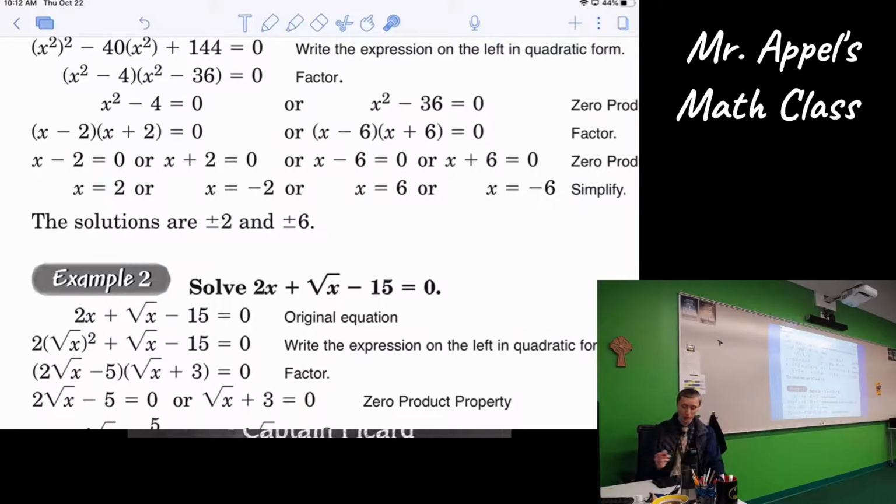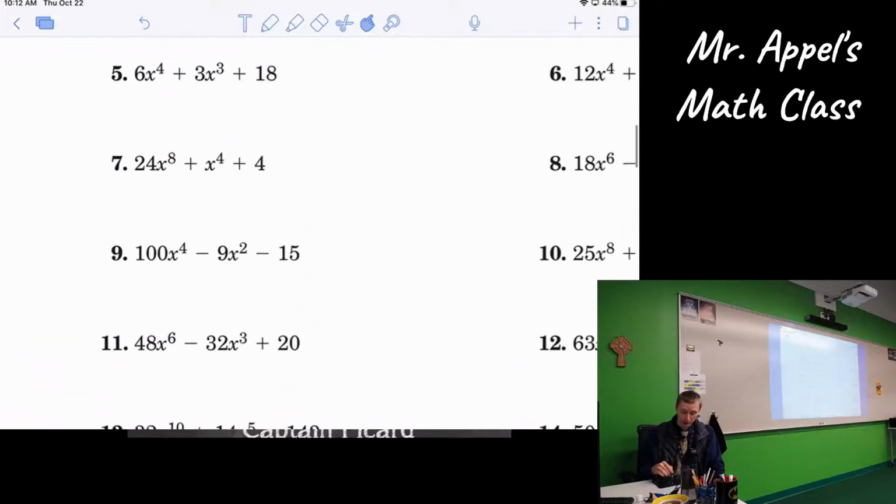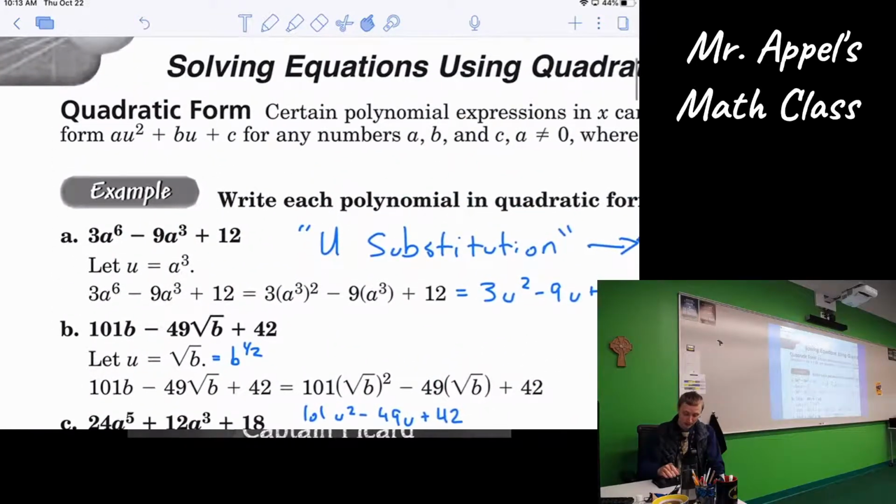I personally would just go ahead and treat it much like up here. Write this down, u is equal to a cubed. And then I would just write u in that place each time because it's clearer for me, and just deal with that one step at a time.